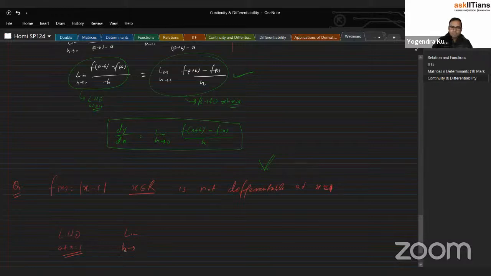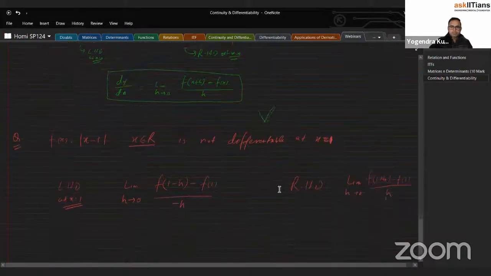So limit h tends to 0, f(1 minus h), a is replaced by 1 minus h, minus f(1), divided by minus h. And RHD will be limit h tends to 0, f(1 plus h) minus f(1) divided by h. Correct, everyone? This is what we are doing.